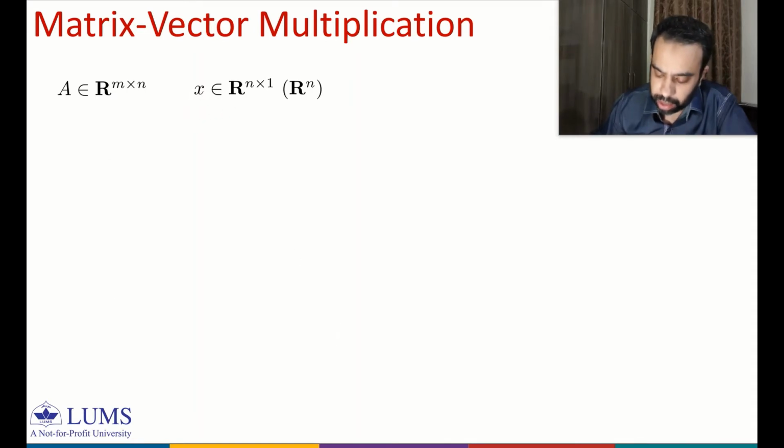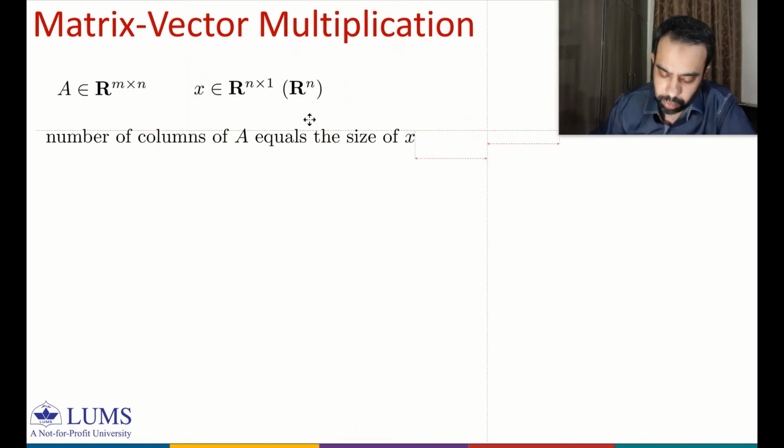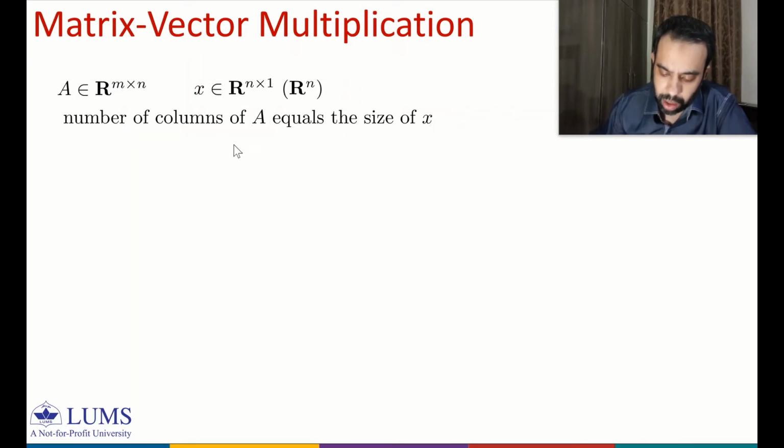So we say the condition of the multiplication is that we require number of columns of A equals the size of x. And we define this multiplication, say we take y is equal to Ax. So when you multiply A and x, what you obtain is y. And the number of elements in y is the number of rows in A. So y belongs to Rm.